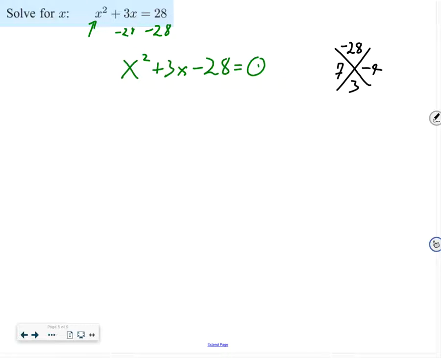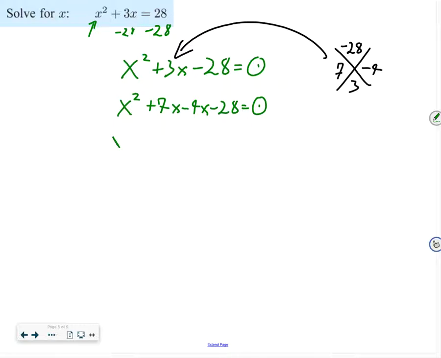So then I rewrite my middle term using those two factors. So my new rewriting is x squared plus 7x minus 4x minus 28 is equal to 0. Okay, factor out the common factor of the first two terms. That's an x, so I get x plus 7 here.